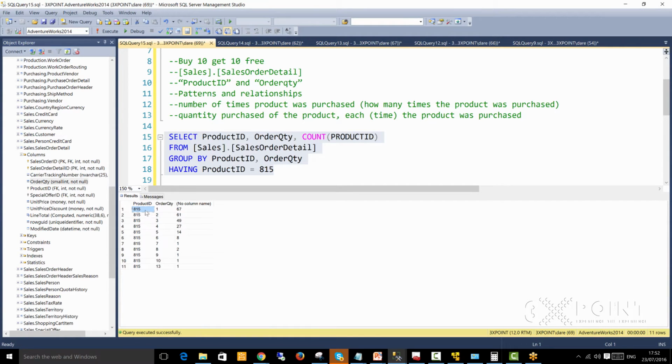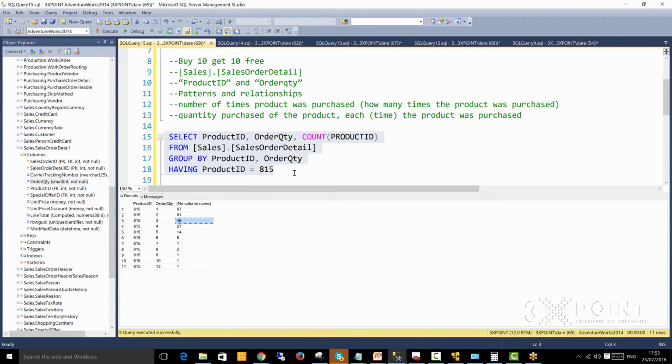What this is saying is, it has grouped it for us to say when 815 product ID has order quantity of 1, there is 67 times of that. When 815 has an order quantity of 2, there is 61 of that. When this has an order quantity of 3, there is 49 of this.